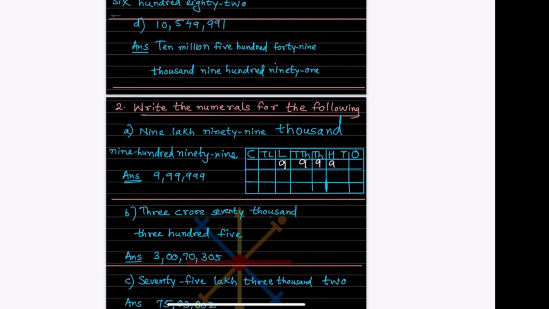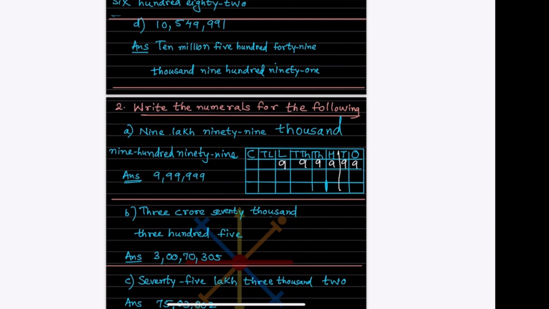So 999 over here. So here this is clear. So now since this is in the Indian system, how are we going to write the commas? This is 3, 2, and this is 1. Hope that is also clear to you.